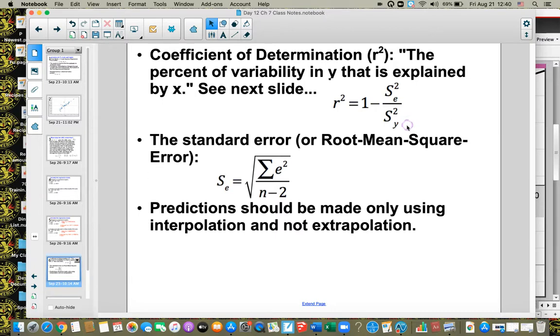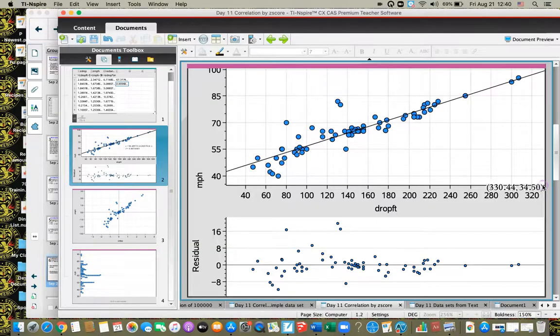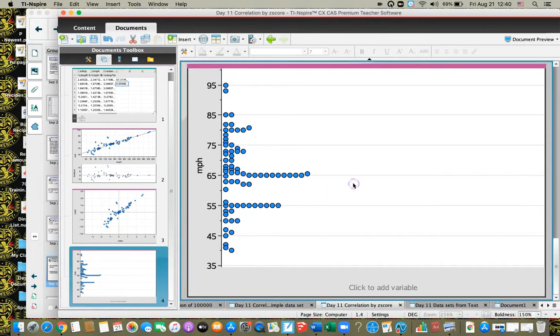So let's decompose it a little bit. The standard deviation in the Y direction, right? I got a little picture here for you. This is a graph of the miles per hour, but without the height of the drop on there. It's just the miles per hour. So this is all the Y values just by themselves.